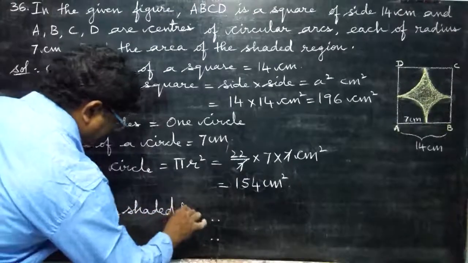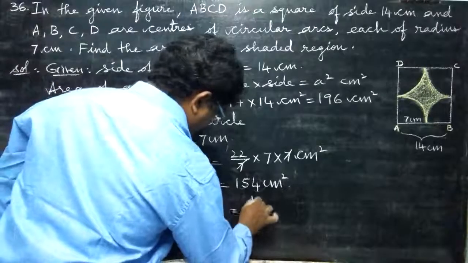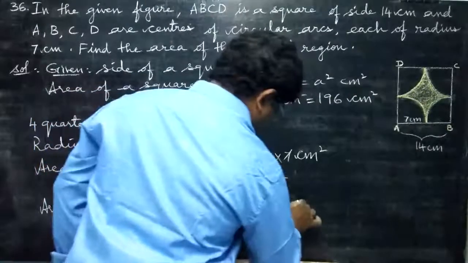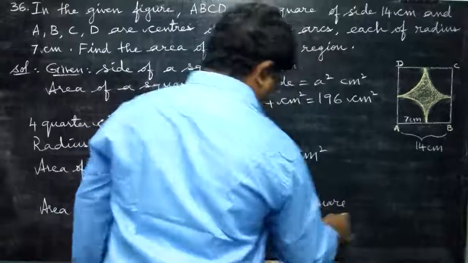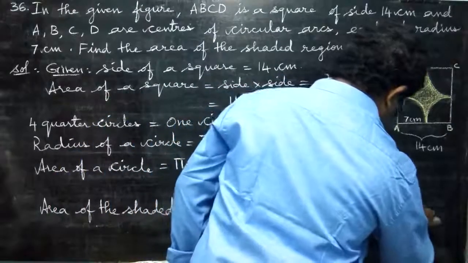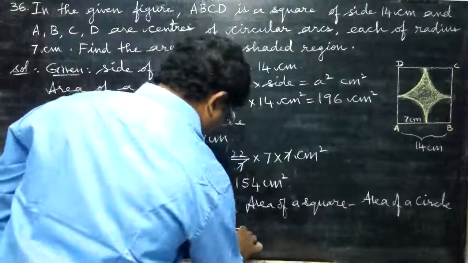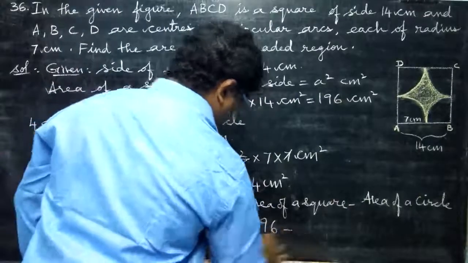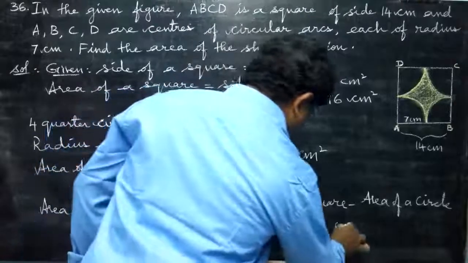Now they are asking area of the shaded region. Shaded region is equal to area of a square minus area of one circle. How much we got? 196 minus 154 centimeter square.